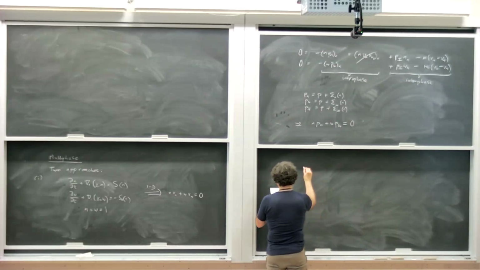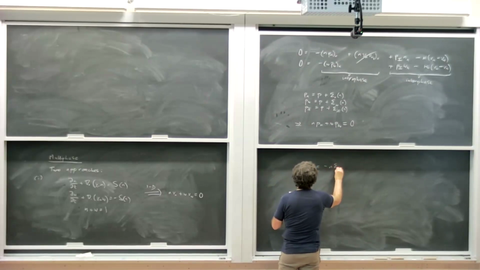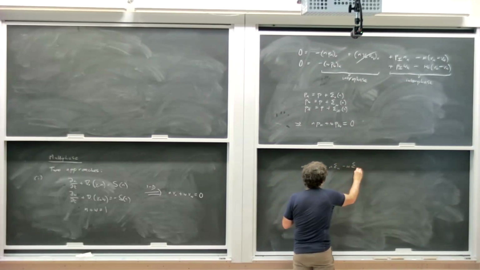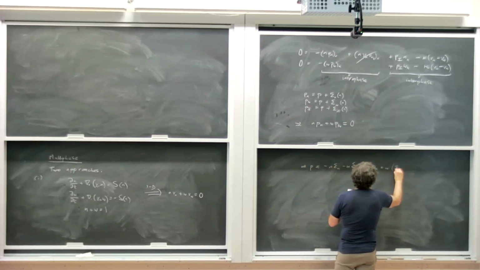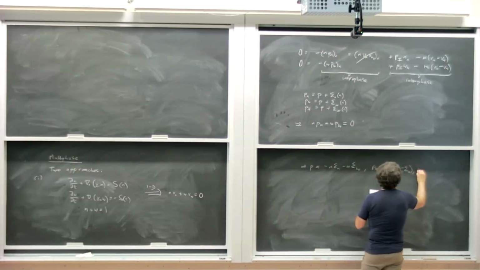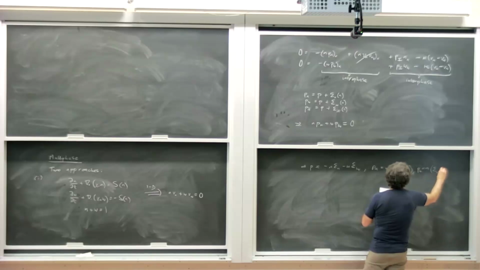They have to add up to 0. So we end up with p is minus n sigma n minus w sigma w. Pn is w sigma n minus sigma w. And by symmetry, pw is n, and then the opposite signs.